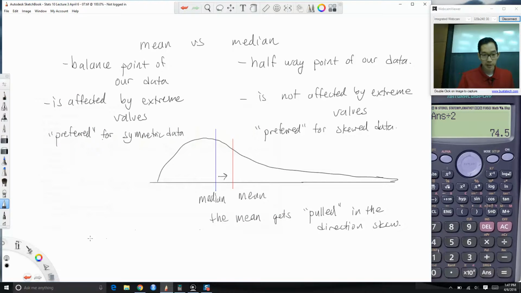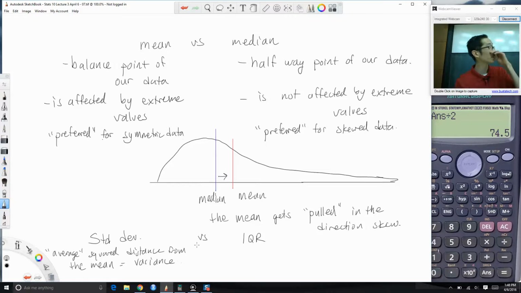Okay, and then let's talk about standard deviation versus IQR. Okay, standard deviation we can think of as the variance, so quote, you know, square root of the average square distance from the mean. That equals the variance, and the standard deviation is the square root of that.